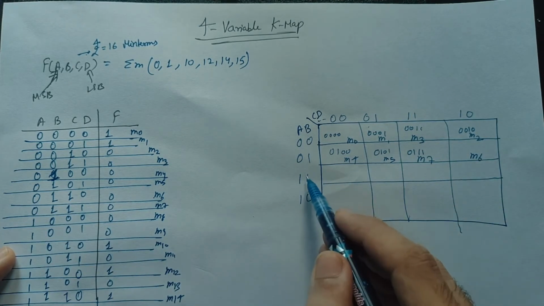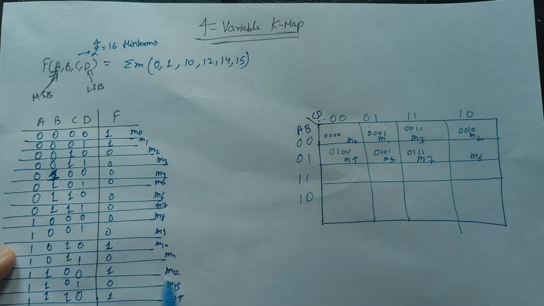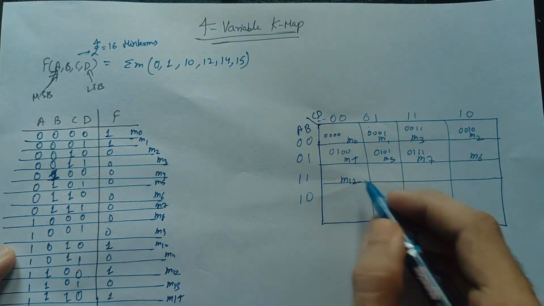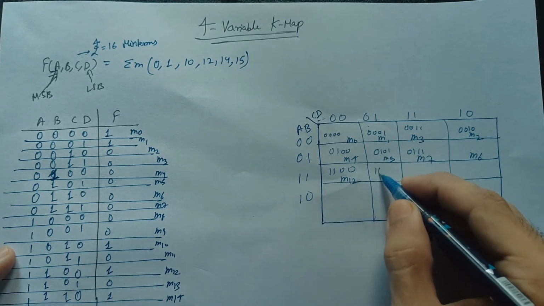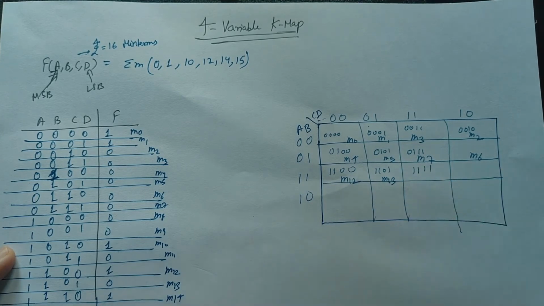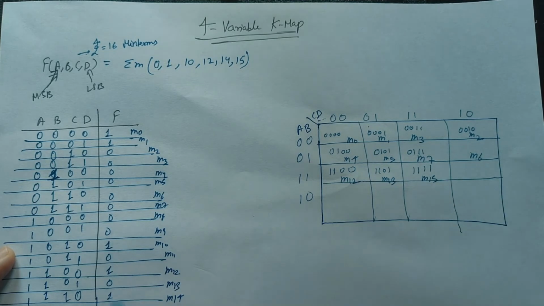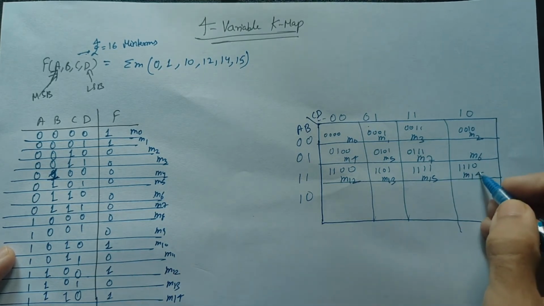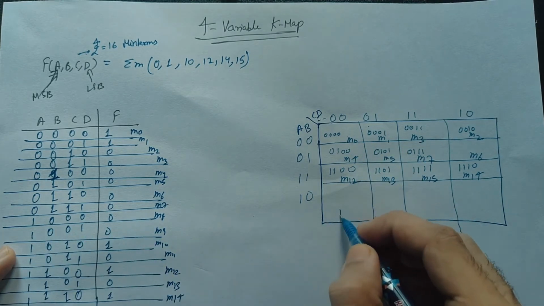Now 1 1 0 0 would be M12. 1 1 0 1 would be M13. 1 1 1 1 would be M15. 1 1 1 0 would be M14. 1 0 0 0 would be M8.